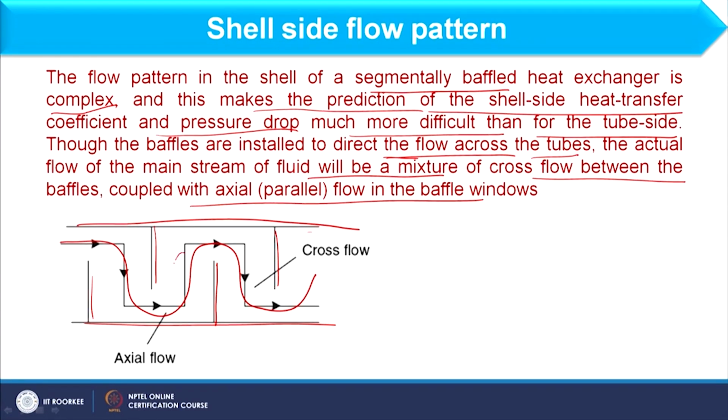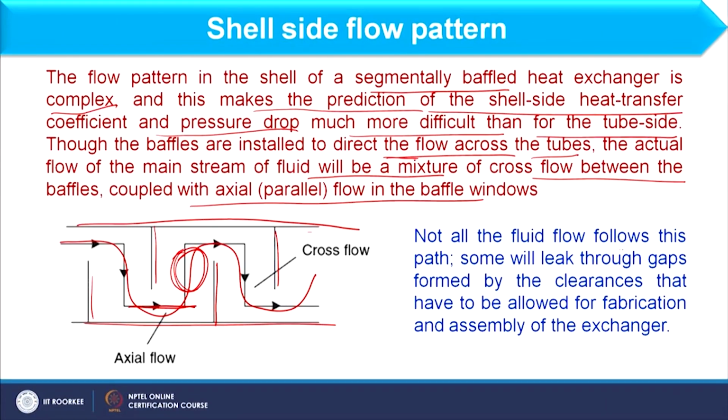Here we have the cross flow because the fluid is flowing perpendicular to the fluid flowing in the tube side, and here we have the axial flow, that may be counter current or co-current with the fluid which is moving in the tube side, right. So, the flow pattern is very complicated in the shell side, which is not the case in the tube side, right.